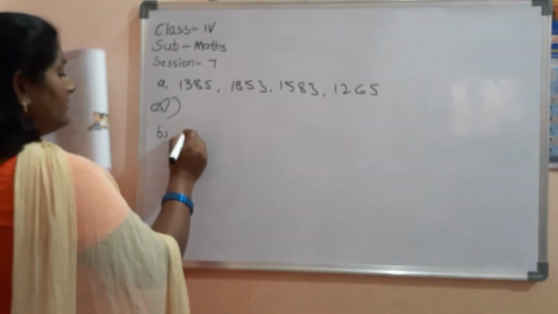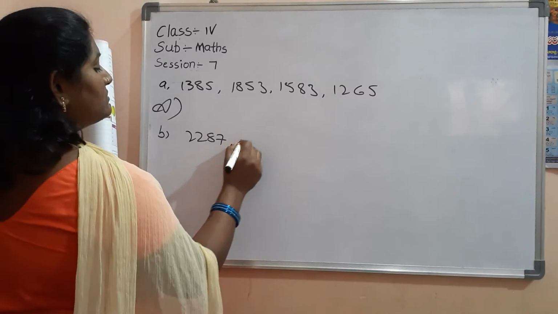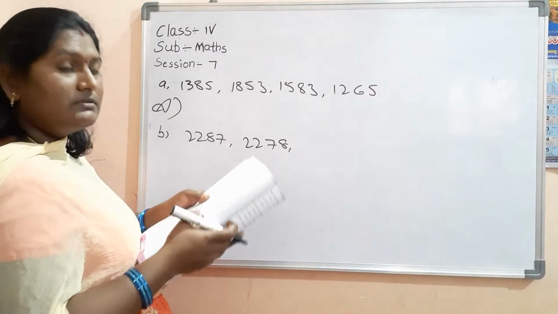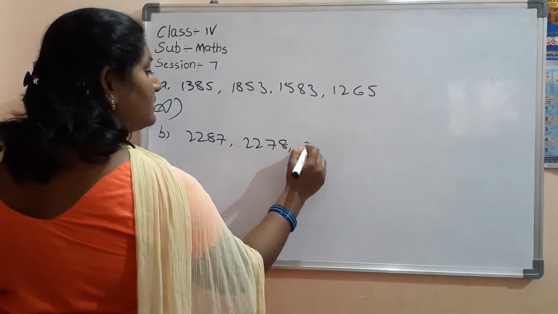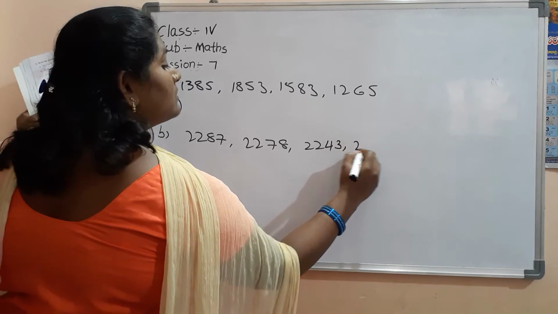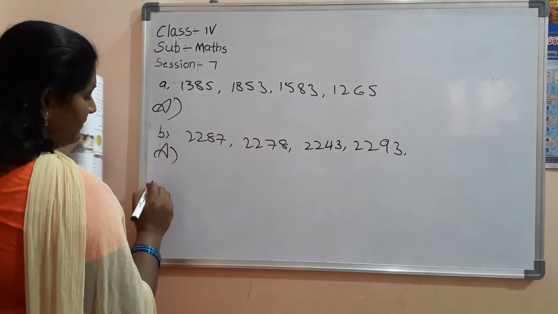Okay, these are the given questions; answers we will write after. And B1: 2287, 2278, 2243, 2293.